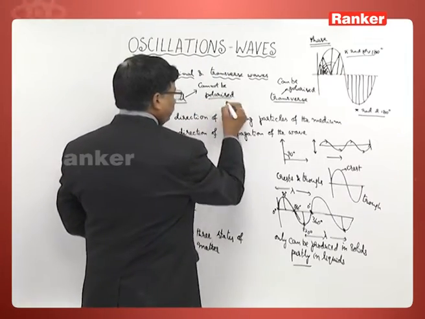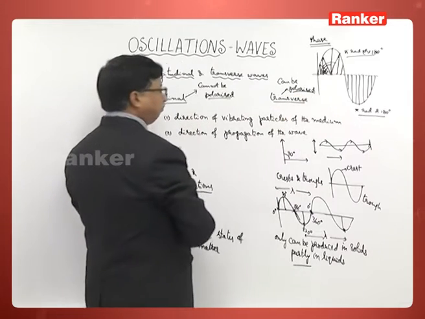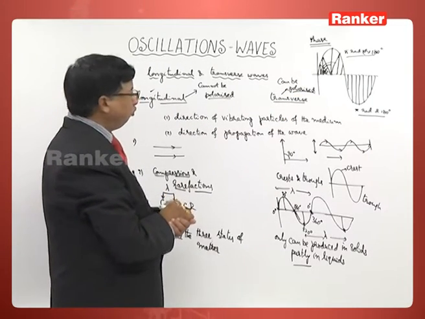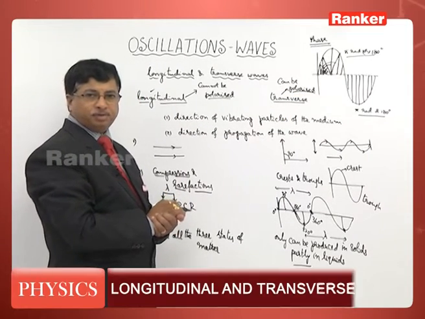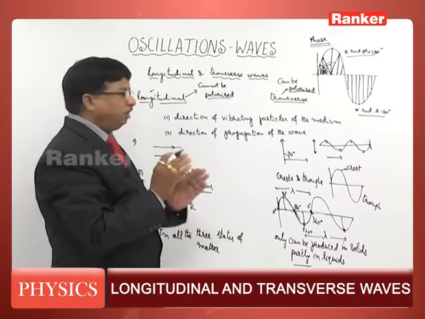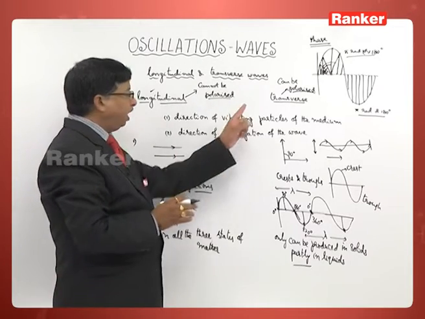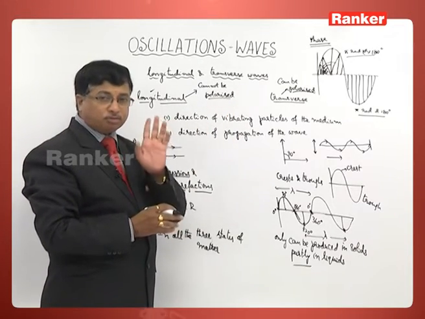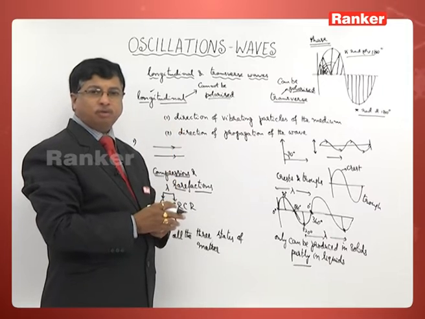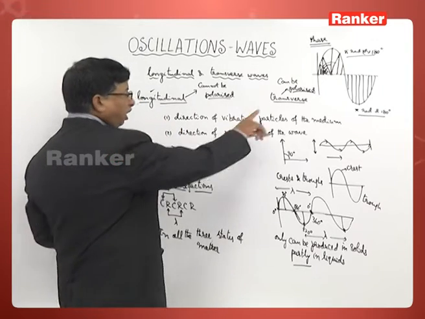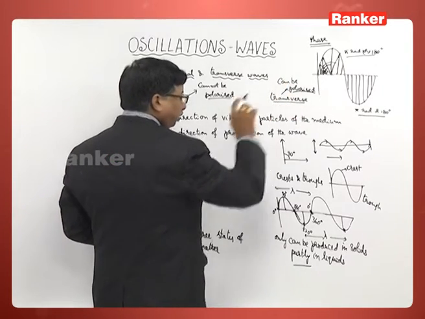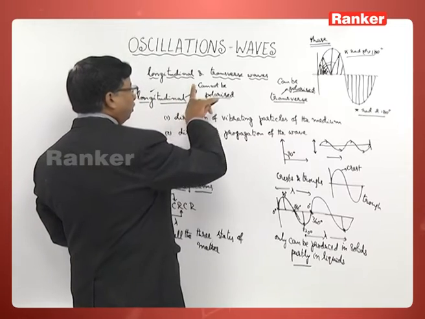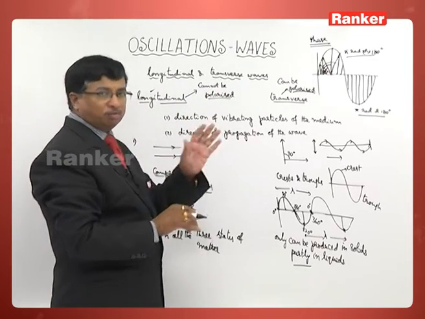First and foremost, this concept of polarization we are aware of from wave optics. This polarization, actually speaking, is the prime property of transverse waves, but not of longitudinal waves. Therefore, transverse waves only can be polarized. Longitudinal waves cannot be polarized.